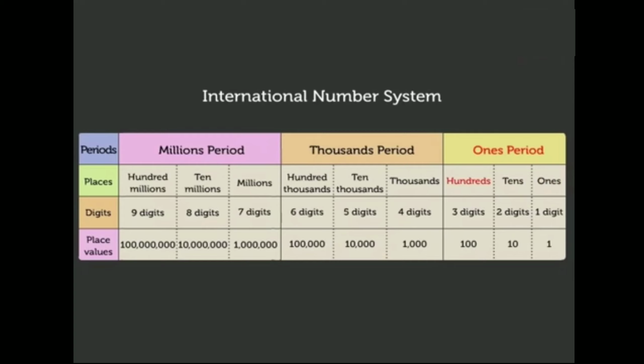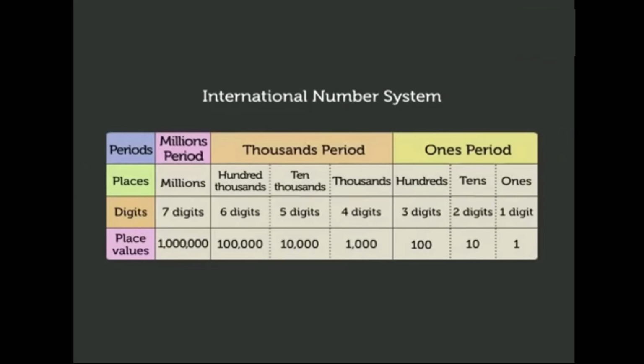The thousands period consists of thousands, 10,000 and 100,000. And the millions period has millions, 10 millions and 100 millions. Since we are studying numbers up to 7 digits in this grade, we will learn only up to the millions place.